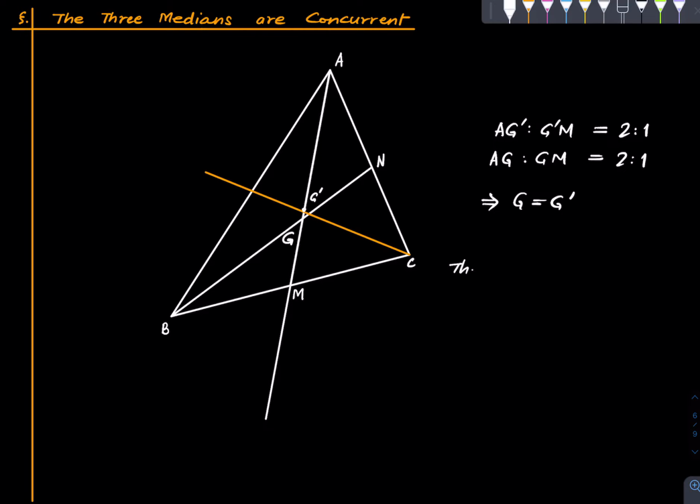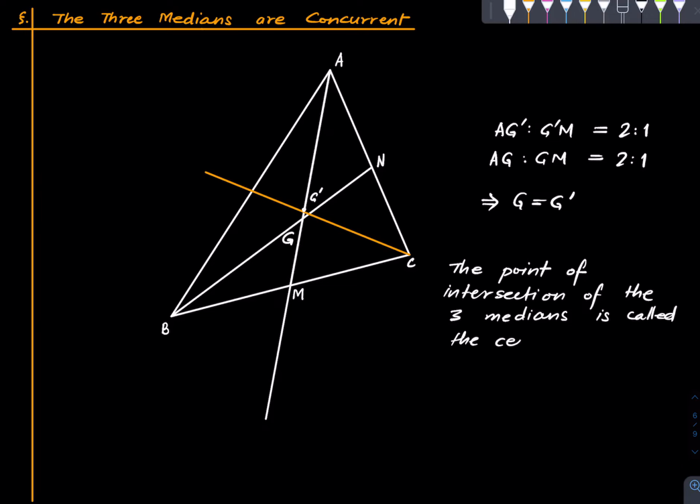So the point of intersection of the three medians is called the centroid of the triangle, and we get a fact for free by all this work: AG is to GM is 2:1, and BG is to GN is 2:1, and CG is to GO, let's call this whatever, is 2:1.